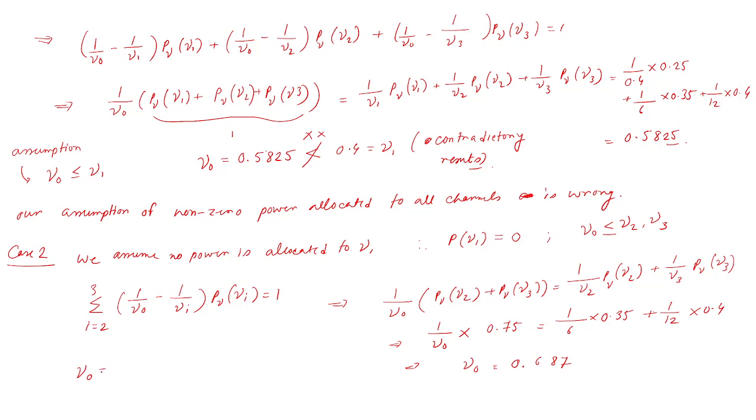And this gamma naught value we obtain, 0.686, is indeed less than gamma 2, which is 6, and gamma 3, which is 12. So therefore the assumption is correct. We found our optimal gamma naught value, assuming non-zero power is allocated to the second and third, the best and second best channel streams. Correct?